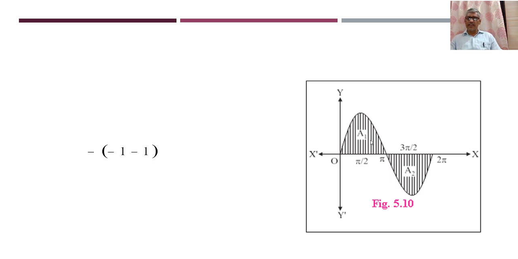Now this total area from 0 to 2 pi is divided into areas A1 and A2. For A1, the lower limit is 0 and the upper limit is pi, and for the second area A2, the lower limit is pi and the upper limit is 2 pi.